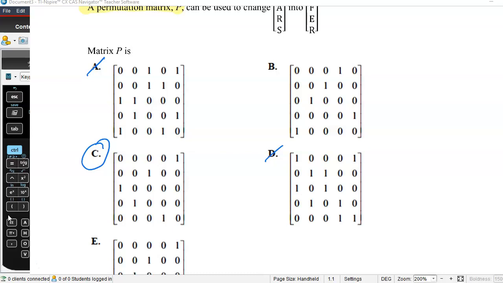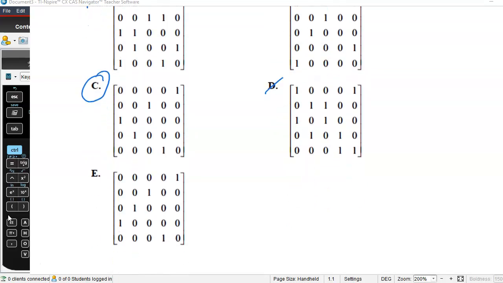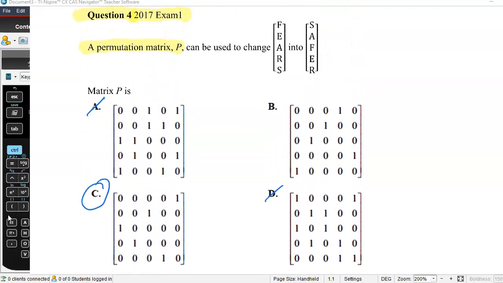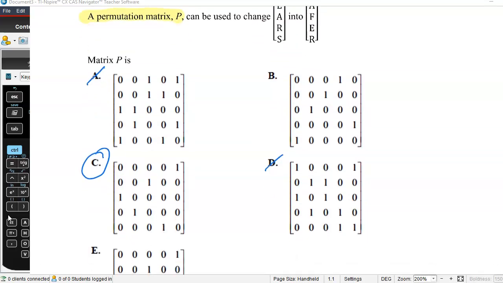So immediately you can discount them as being a permutation matrix. A permutation matrix is taking this and changing it into that.